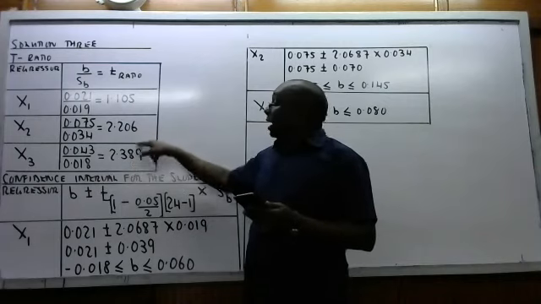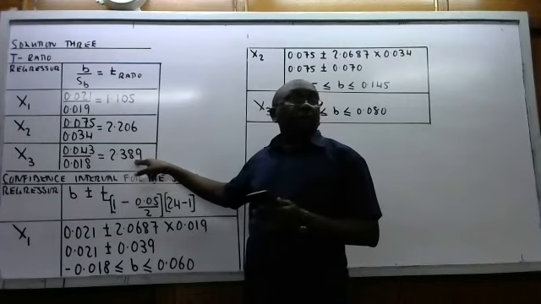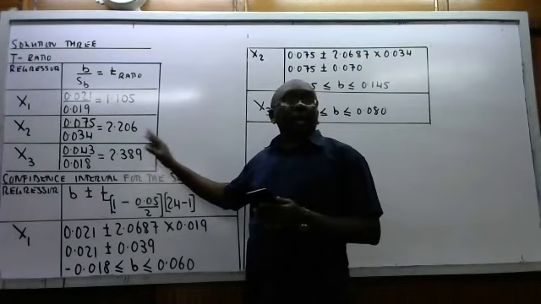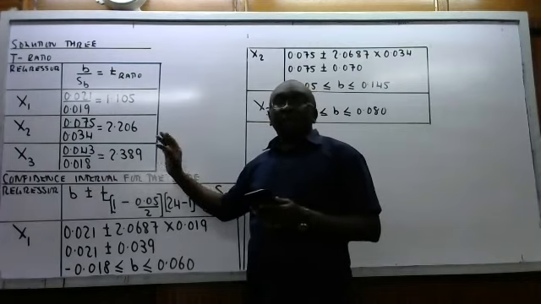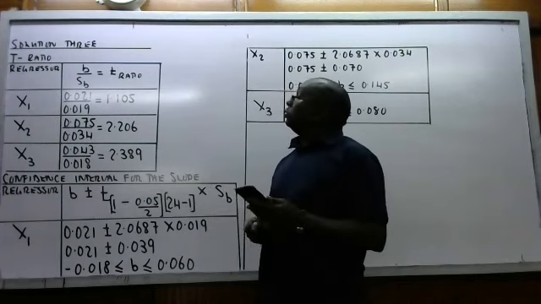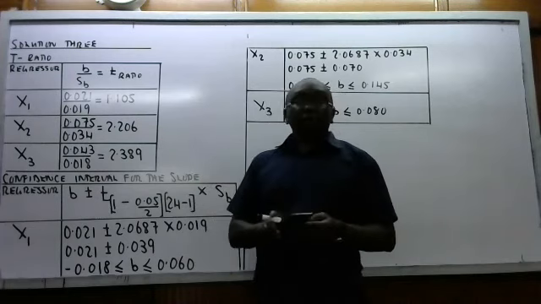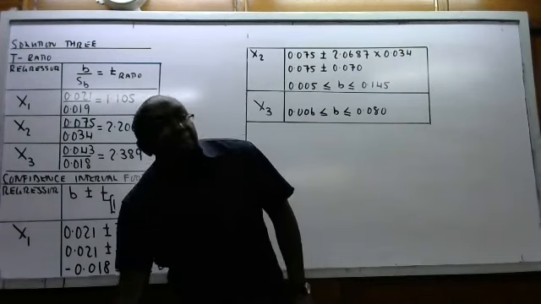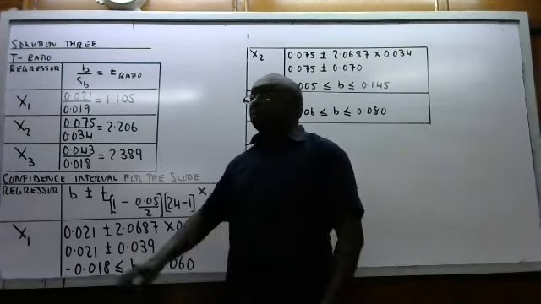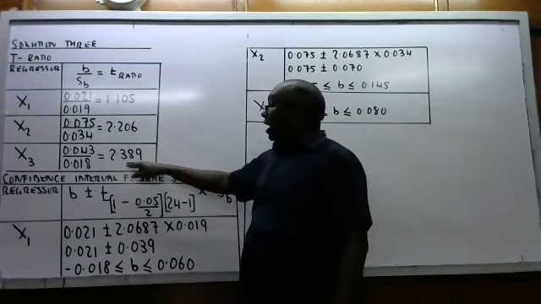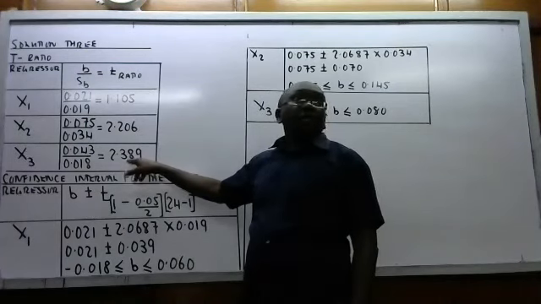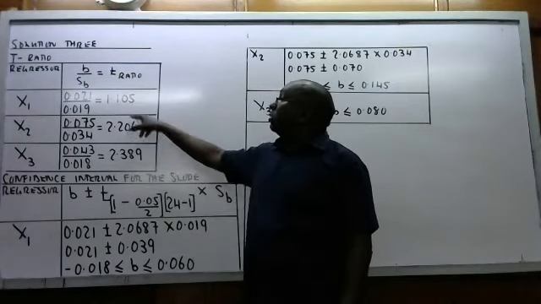The highest T calculated here is the strongest. So you can answer without doing the T-test. But because I still want you to know how to do the significance test, I want to do it again. That question you answer by looking here. Who has the highest? Yes. So this is strongest, followed by this one, and this is the weakest.